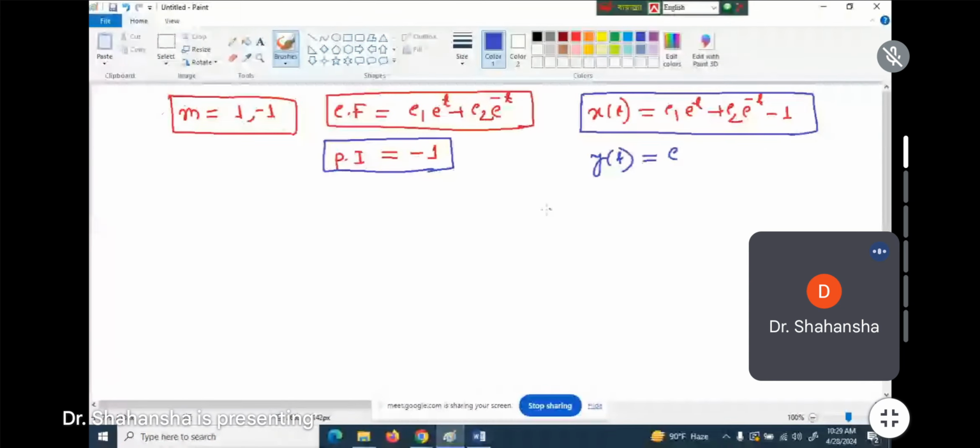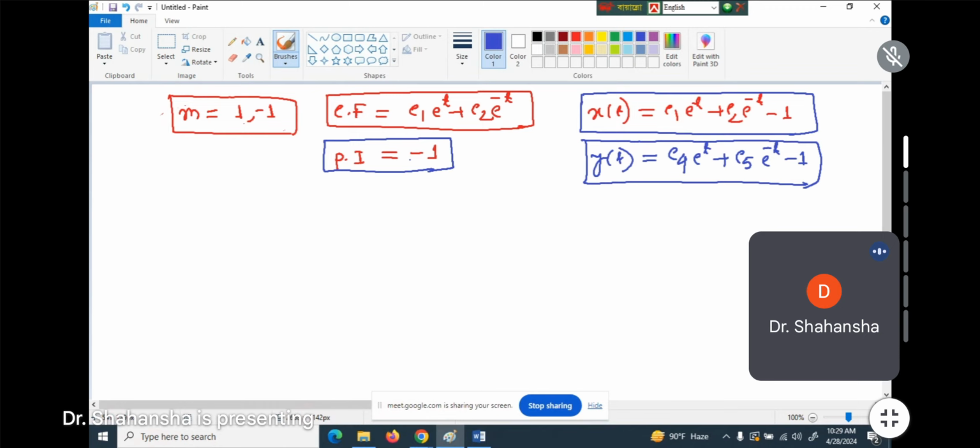You have done. Maybe these types of solution for y of t: C3 and C4, y of t. So all of my friends, we are very clear.